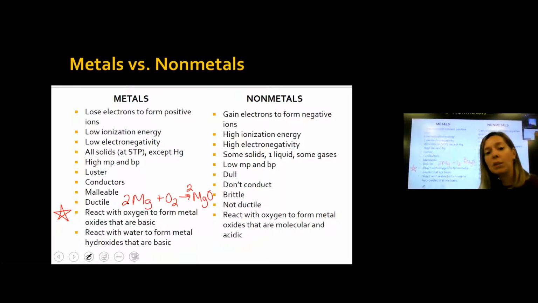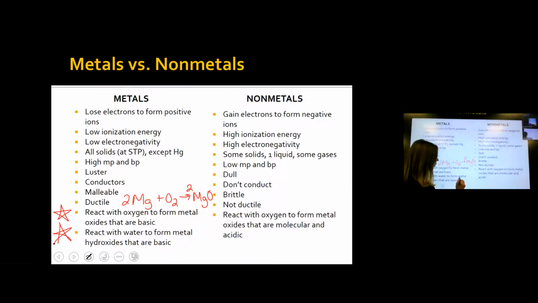Then they also react with water to form metal hydroxides that are basic. If we think about when we did the sodium metal demonstration in Regents, sodium metal put into water created quite a violent reaction.